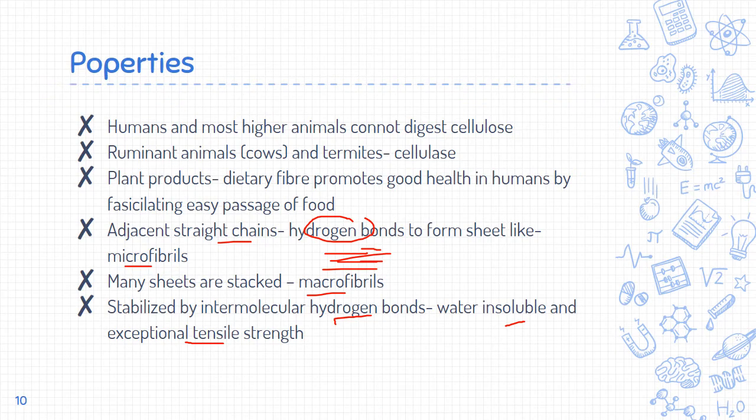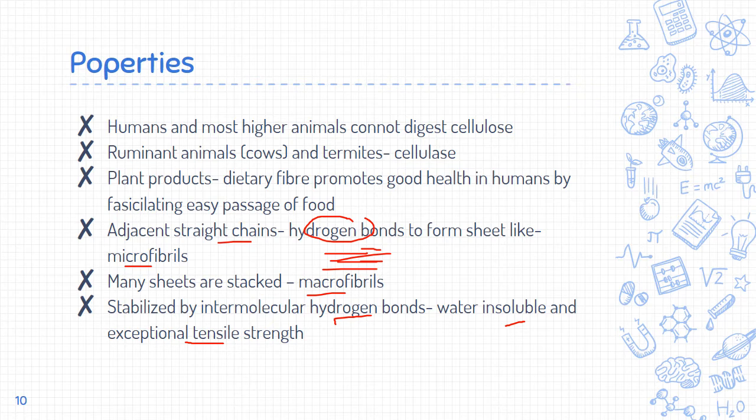Now see the properties of cellulose. Humans and most higher animals cannot digest cellulose because we don't have the enzyme capable of hydrolyzing this beta-1,4 glycosidic linkage. Some ruminant animals like cows, and termites, have symbiotic organisms in their digestive tracts which produce the enzyme cellulase.